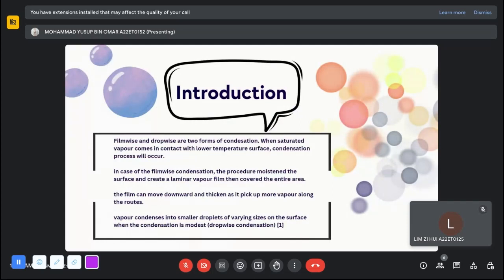Okay, about the introduction. Film-wise and dropwise are two forms of condensation when saturated vapor comes in contact with a lower temperature surface. Condensation will occur. In the case of film-wise condensation, the process wets the surface and creates a laminar vapor film that can cover the entire area.